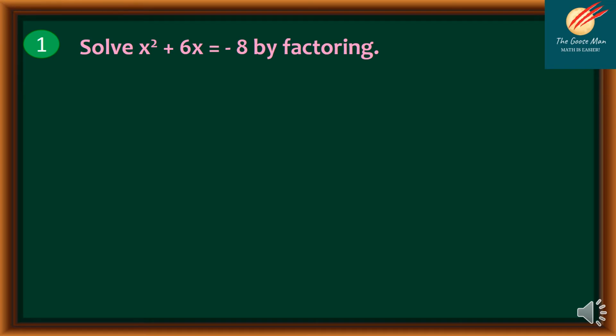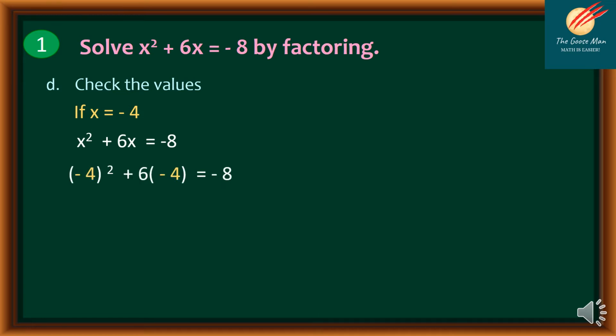Alright, so let's move on to the next step. That is check the values. So we will use the value of x, which is equal to negative 4. This is the one that we got a while ago. We will substitute this to the original equation, x squared plus 6x is equal to negative 8. So it means that all x's will be substituted by negative 4.